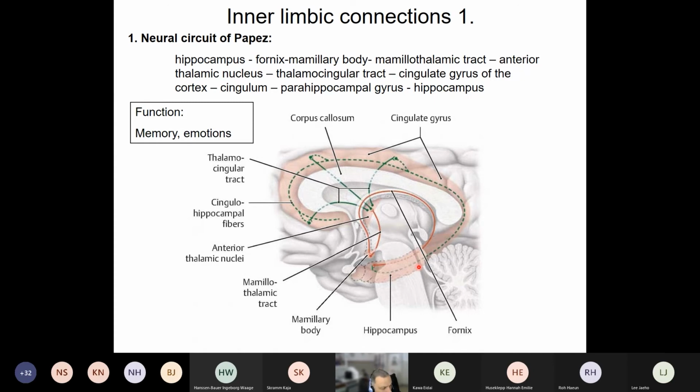This is what I mentioned a couple of weeks ago about the synapses, that they can be re-established, they can be rearranged, and this helps the memory formation.